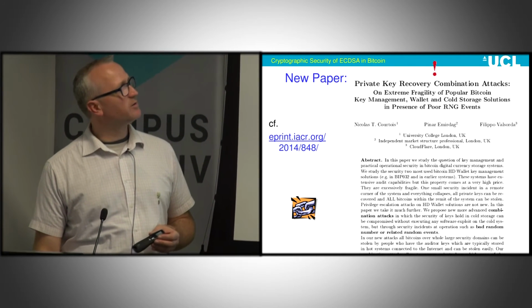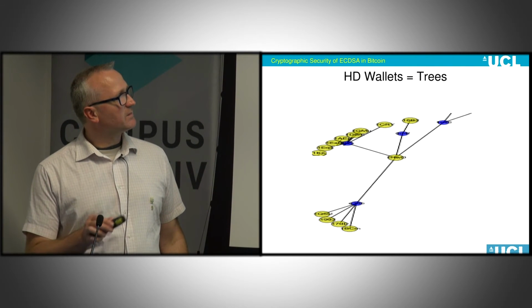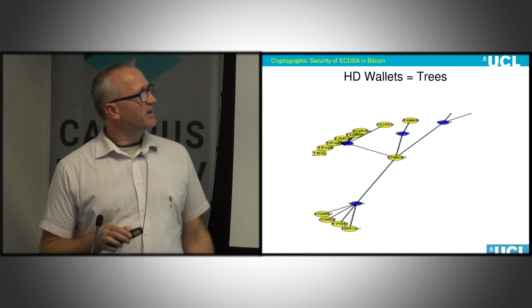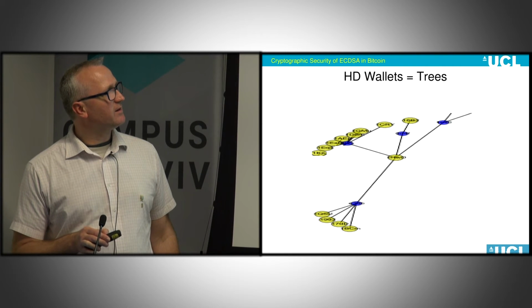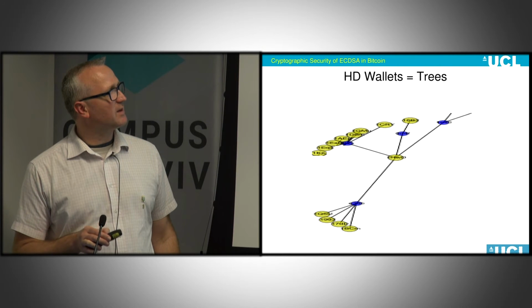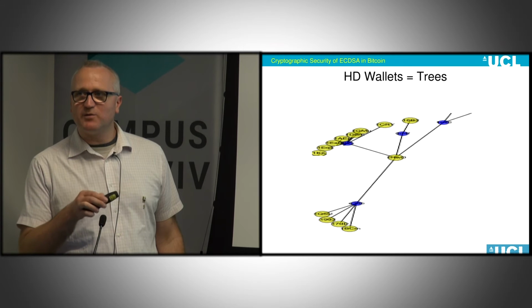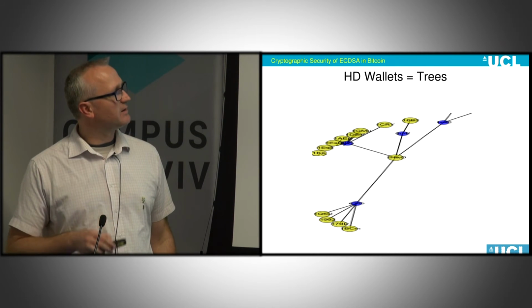Okay, so let me explain how it works. In our graph formalization, we connect things together. In our graph, we connect some user with another user through a path on the graph because they have used the same random. And that's the real thing. That's a graph which comes from the real life Bitcoin data. We have created this visualization.